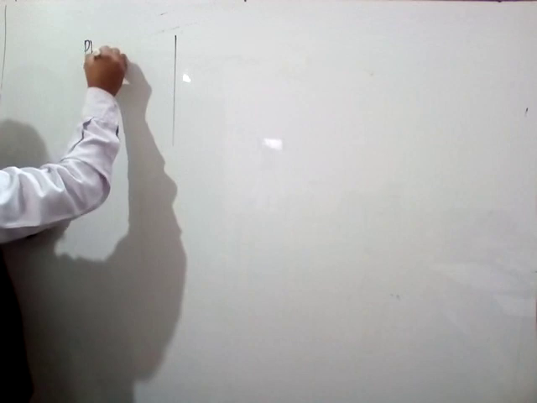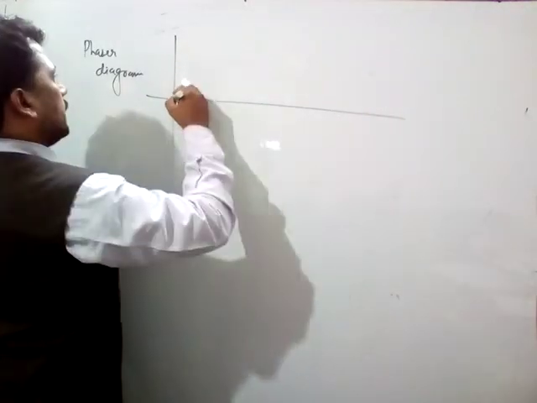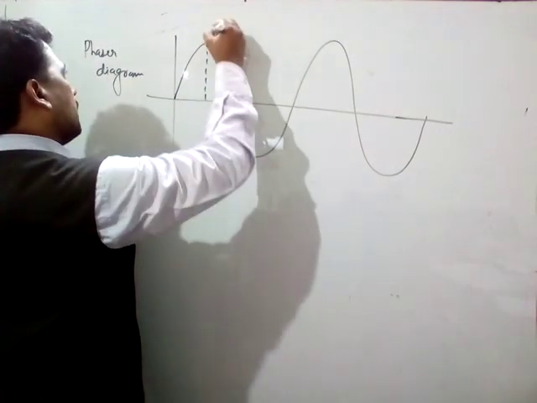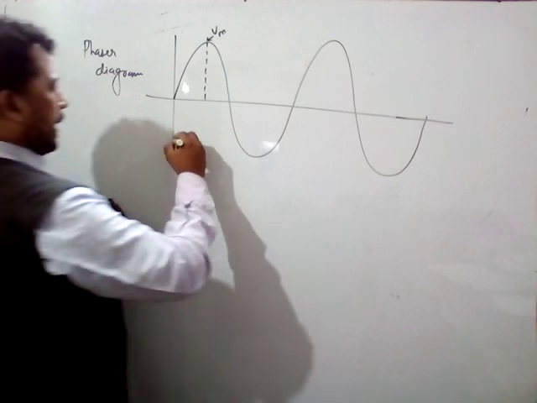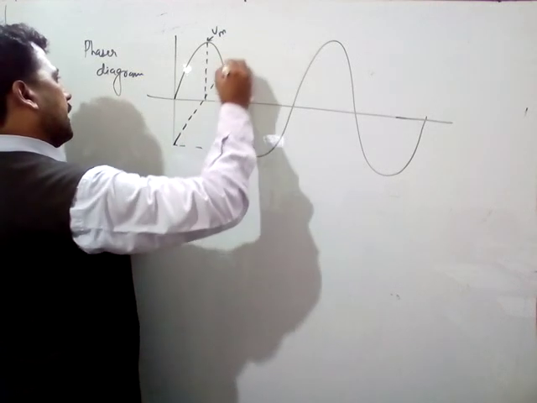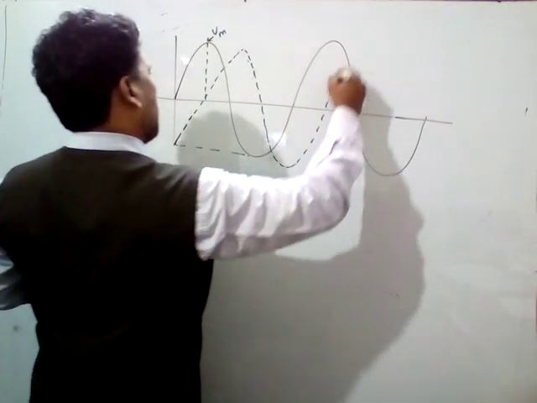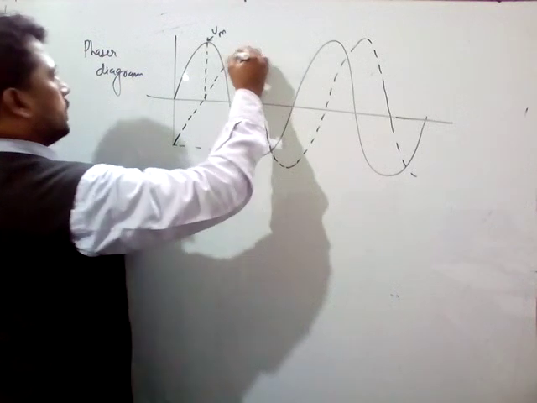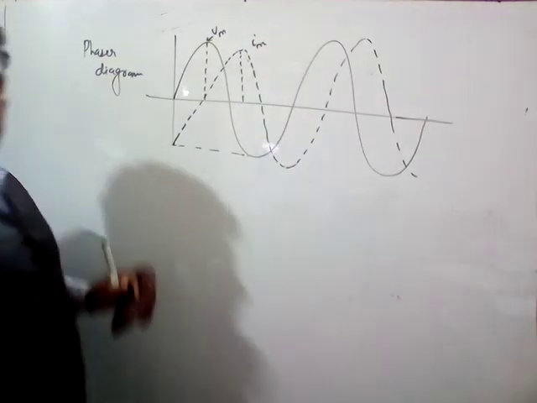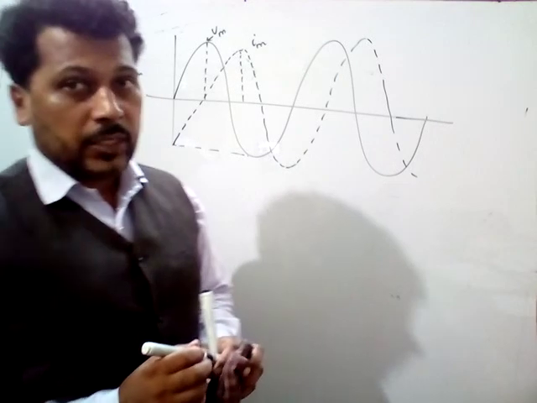Phasor diagram. This is the voltage, this is the maximum value of voltage. So the current is 90 degrees lagging behind, meaning from where its maximum value is, the current lags behind in this way. This will be the maximum value of current Im. So this is the phasor diagram for the L circuit, or whenever an inductor is attached in the AC circuit.